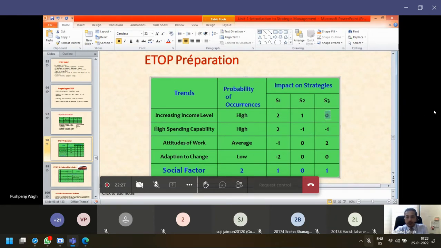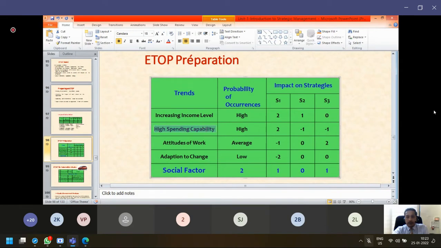Like the second sub-factor, we have taken high spending capability, and it is also having a very high impact on the company's operation, and the high impact is on the positive side, and therefore we have written 2 here. For strategy 1, it is having a very high positive impact. Therefore for S1 we have written 2. For S2, it is a negative impact, whatever is the case.